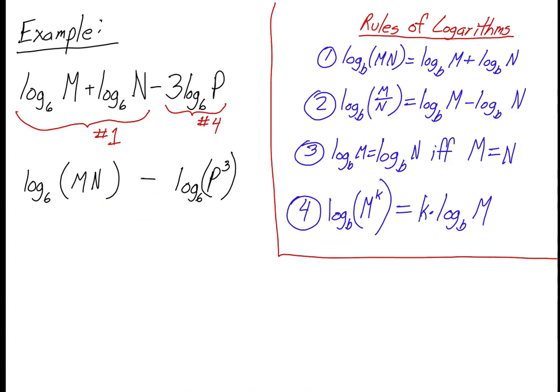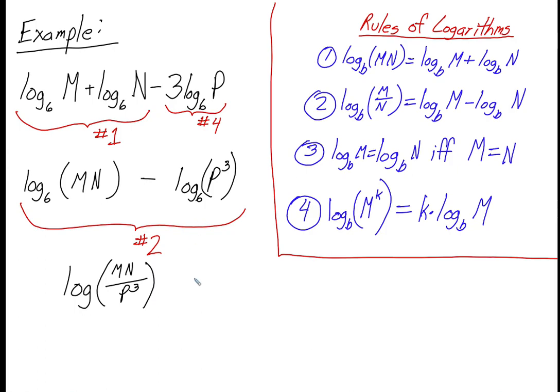So now we can combine the two of these using rule number 2 into a single logarithm where, since we're subtracting, the one before the minus sign becomes the top of a fraction and the one after the minus sign becomes the bottom of the fraction inside the logarithm: mn divided by p cubed.